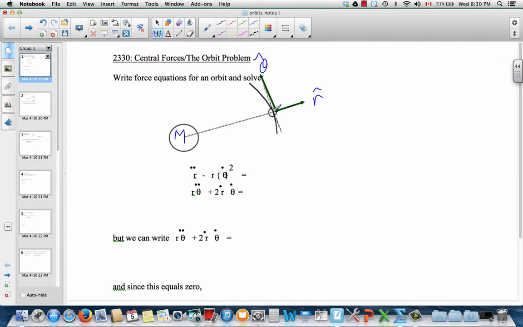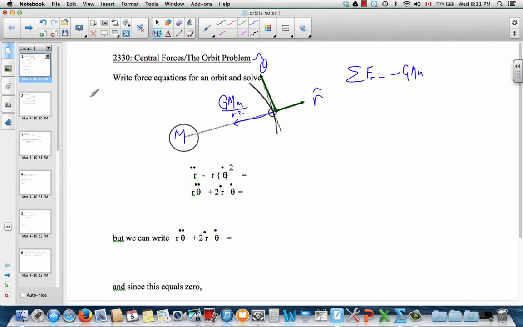Now in terms of forces, the force on little m will be the inwards force of gravitation, and universal gravity is given by G big M little m over r squared, where r is the distance between the two centers. So we'll write out the force equations.